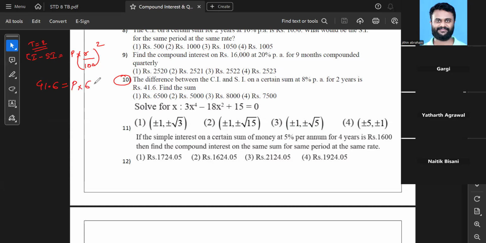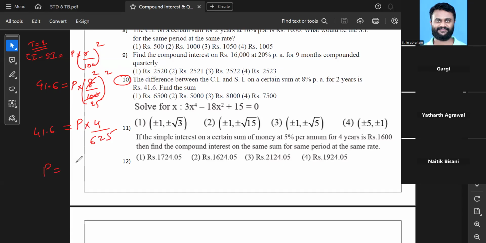8 का square is 64. Or maybe I'll do two certain cancellations. नहीं, रहने दो. It's 64 upon 10000. 4 twos are 4, 25s are 625. When you square, you get 4 upon 625, and that equals 41.6.